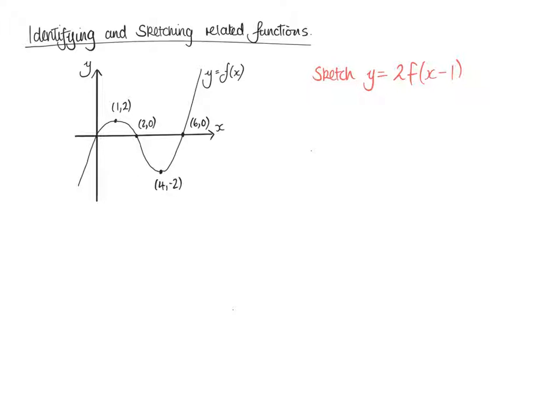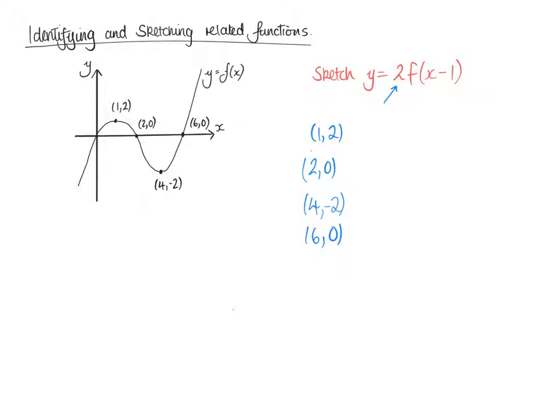Okay? So, we know that the 2 out the front, this 2 here, means that our amplitude is doubled. So, for all of our points on our graph, so we've got (1, 2), we've got (2, 0), we've got (4, -2), and we've got (6, 0).